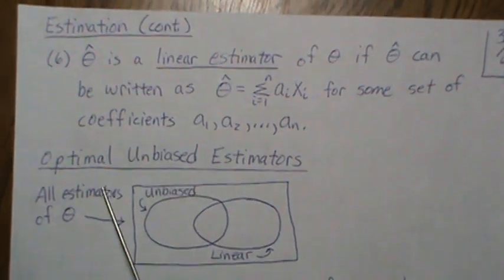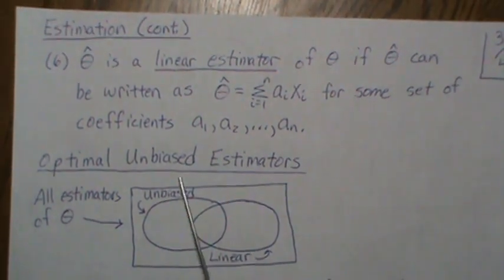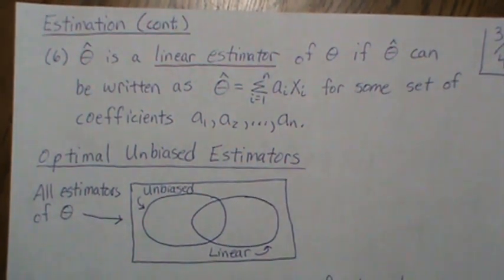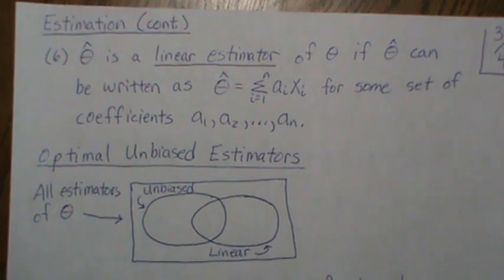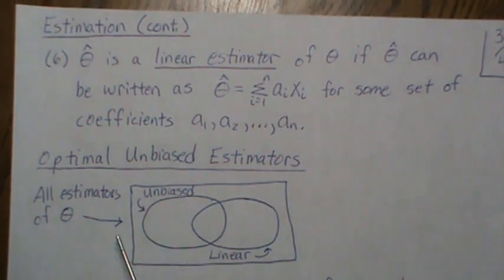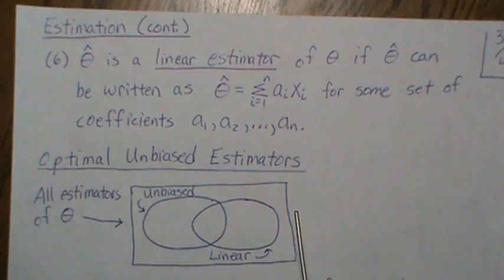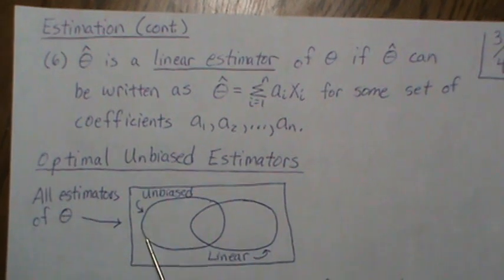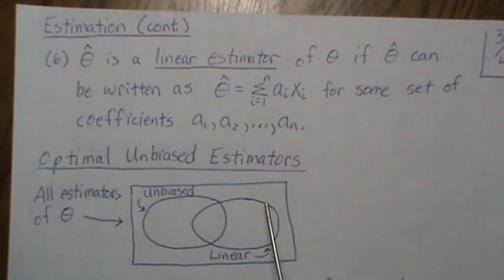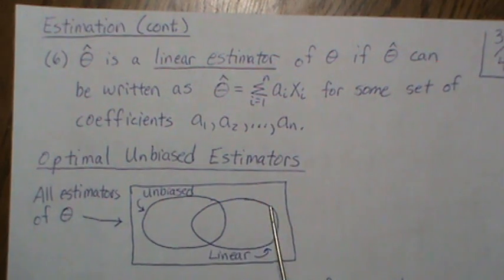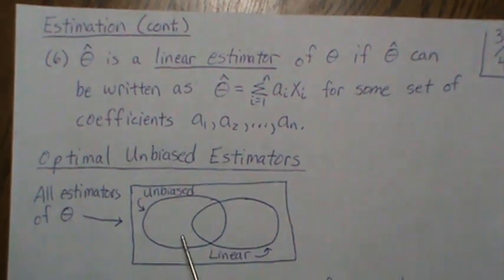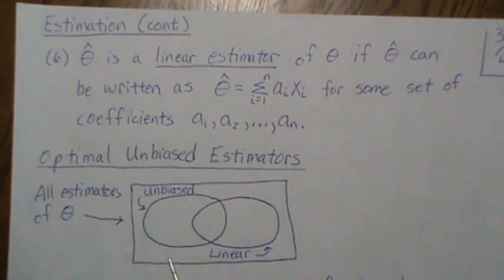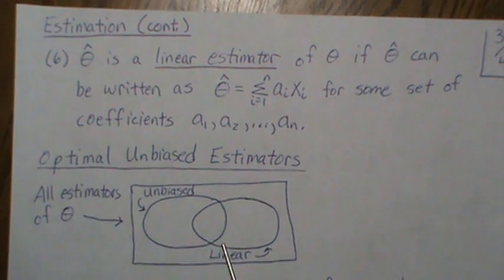So when we think about optimal unbiased estimators, unbiasedness is a nice property that says on average we're equal to the parameter that we're trying to estimate. If this rectangle represents all estimators of theta, we can have some that are unbiased, all those are in here. We can have linear estimators. Some of these linear estimators are unbiased, and some of these unbiased estimators are not linear, and everything out here is biased.